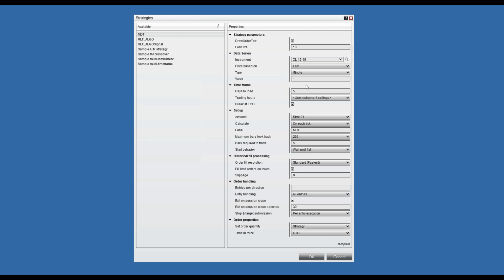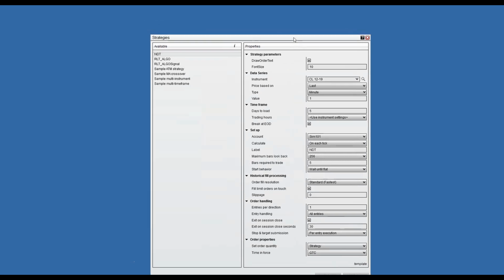Because the confluence of signals that are required in order to take an entry can be configured to be present on any financial instrument and on any time frame. So it really doesn't matter what you're trading. Now, here's the part where I'm just going to briefly go over some of the things that the system is going to look at.